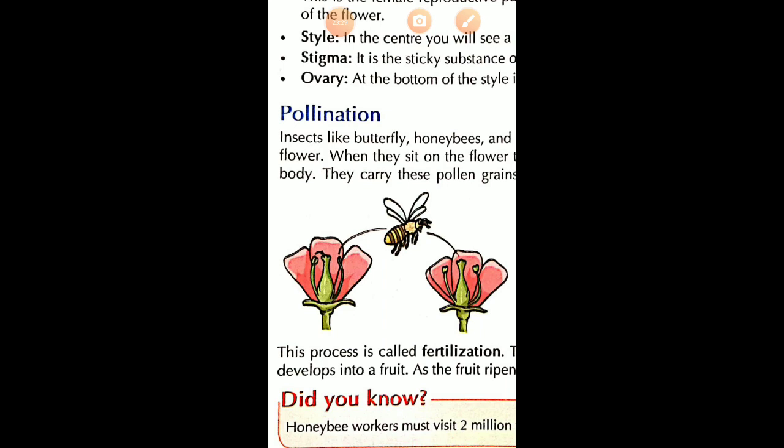When they visit another flower, again for the food, that is nectar, the pollen grains stuck to the body are left on the stigma of the new flower. The stigma is also sticky, it has a sticky substance on which pollen sticks.